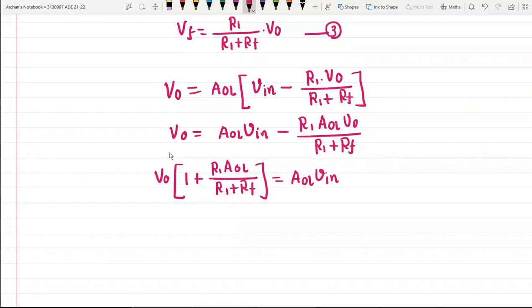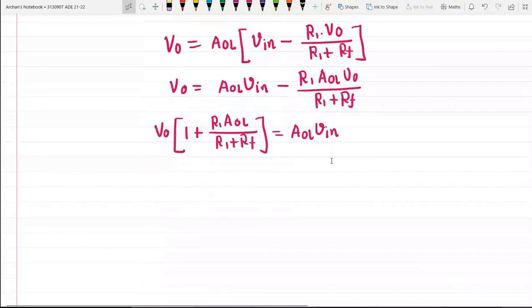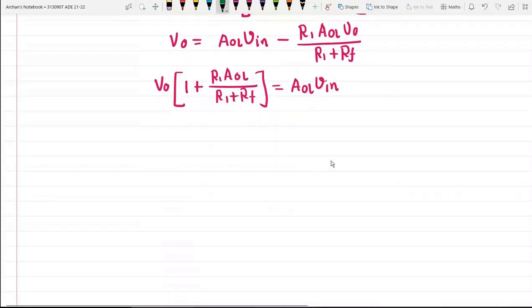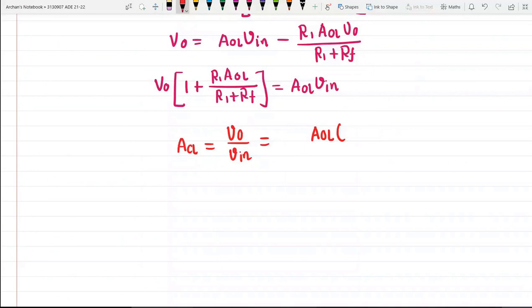Here you can see I am available with Vin, and on the left hand side of the equation we are available with V0. Just take the ratio of V0 and Vin. That is what we got, the closed loop gain ACL. So closed loop gain is equal to V0 by Vin, and that is equal to AOL divided by 1 plus R1 AOL upon R1 plus Rf.